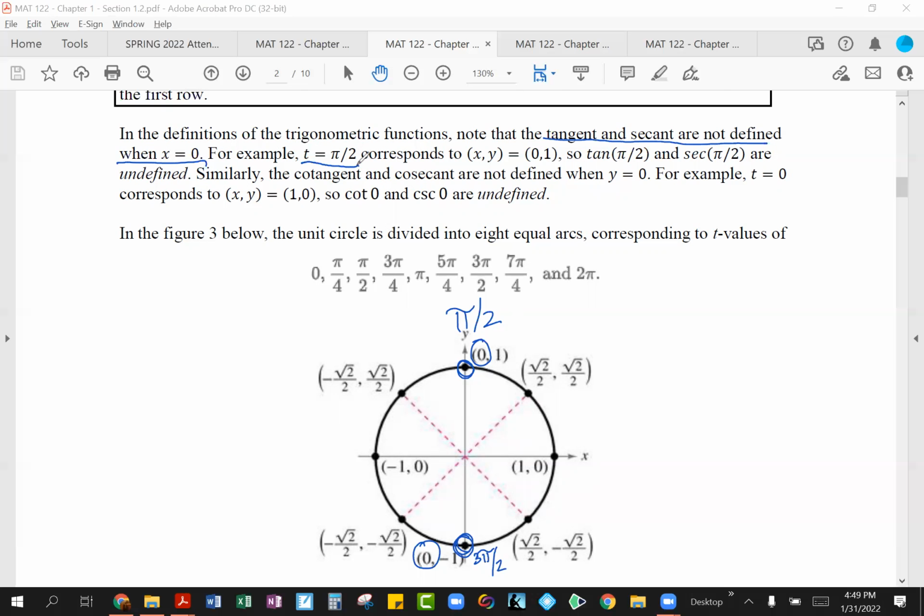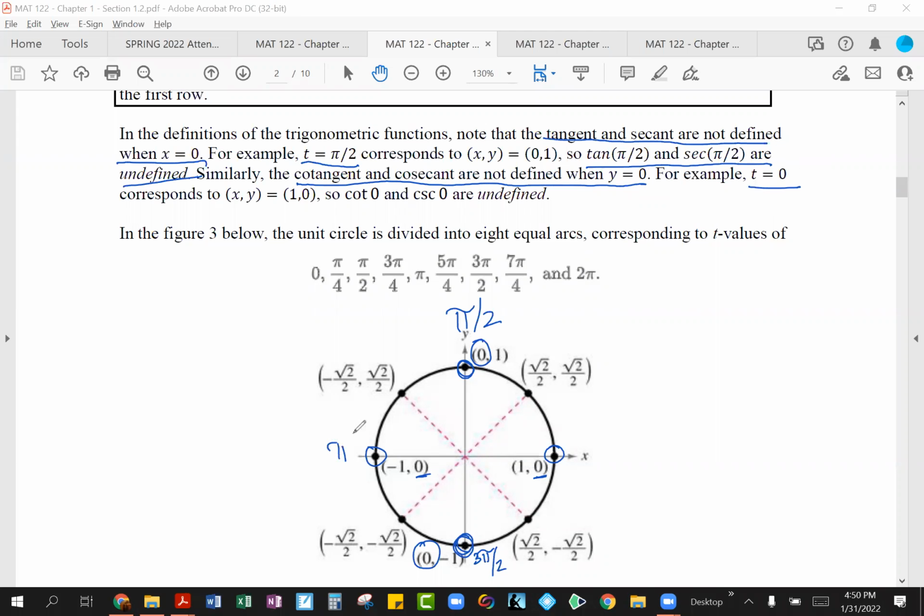So they're saying when your angle is pi over 2, your tangent and secant functions are going to be undefined because that's where your x is in the denominator. When y is equal to 0, which of course would be these points over here, that's when your cotangent and cosecant functions are going to be undefined. So that's actually going to be at the angle measurement of 0 and pi.